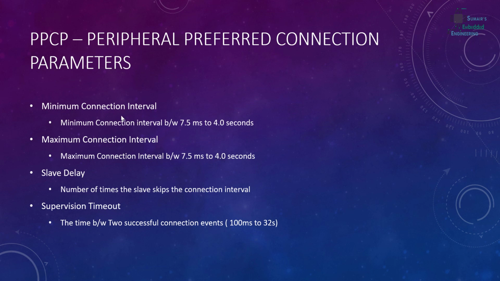So we have 2 parameters. The first one is the minimum and the second one is the maximum connection interval. We can set it between 7.5 milliseconds to 4 seconds. For example, if it's set to 7.5 milliseconds, then after every 7.5 milliseconds the peripheral device will receive this connection event, and in this event the peripheral device has to respond back that I'm still here, so that the master knows that the peripheral device is still there and it remains in the connected state.